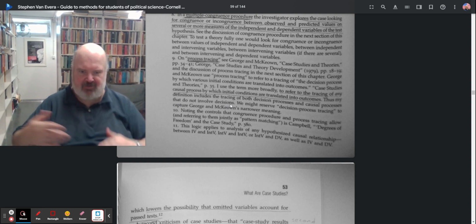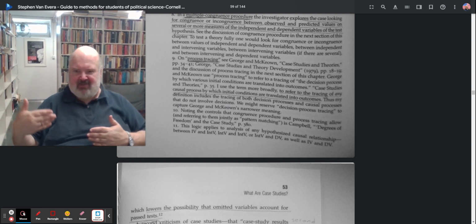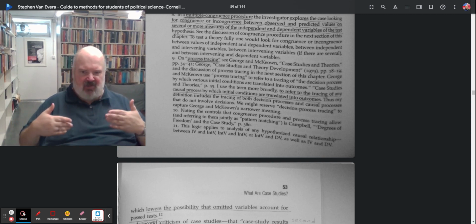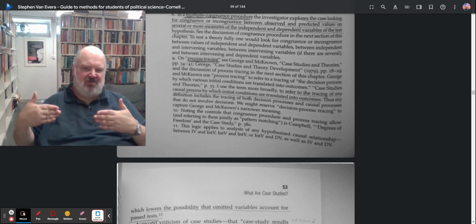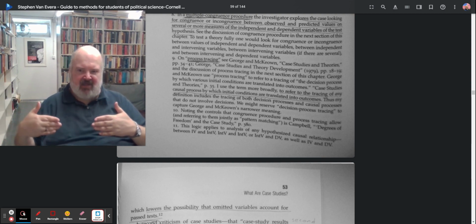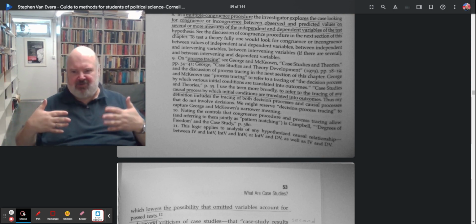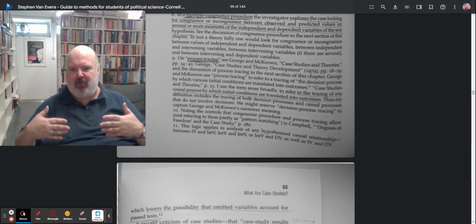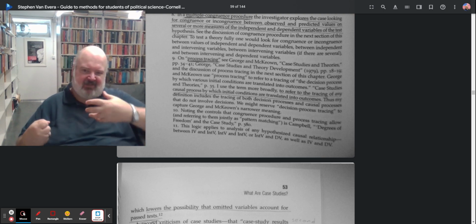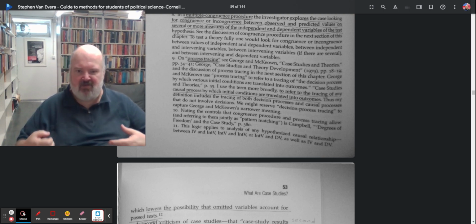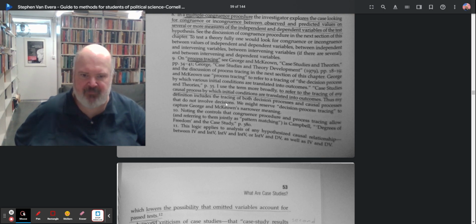In other words, it's like this. He says that the traditional way of process tracing is usually decision trees, decisions, right? Now how he's using it is more broadly. So it doesn't necessarily require decision. Rather, it's a stage of a process of causality, right?